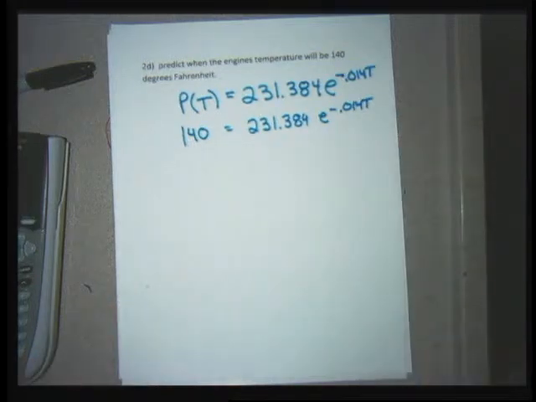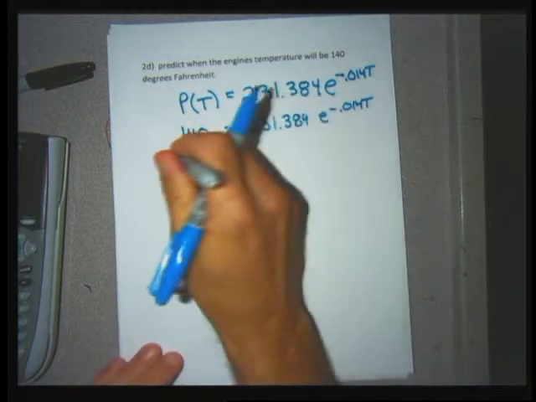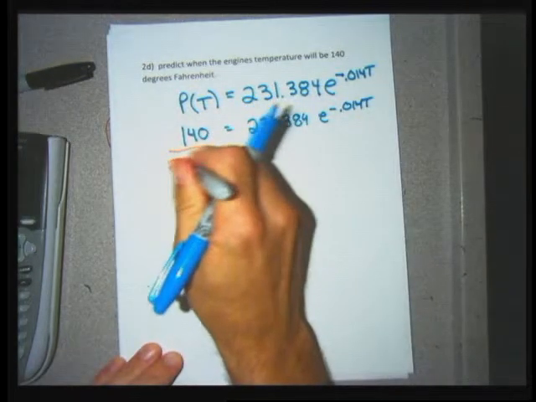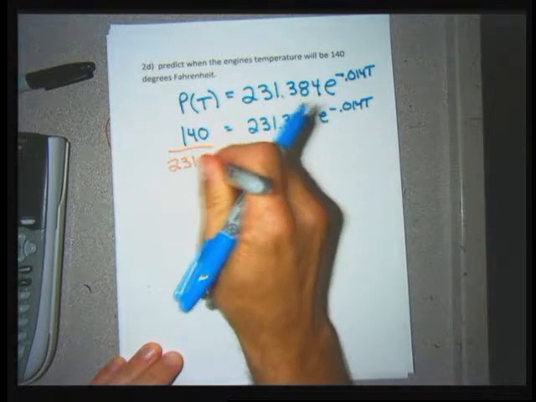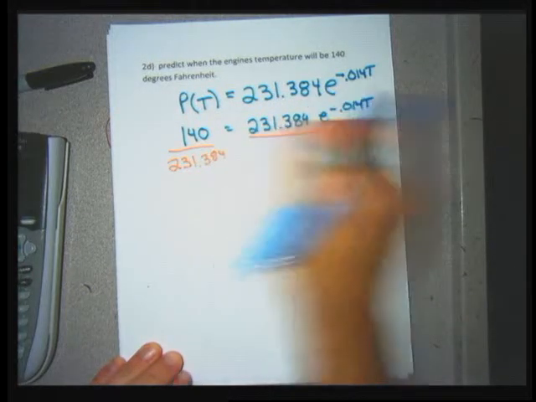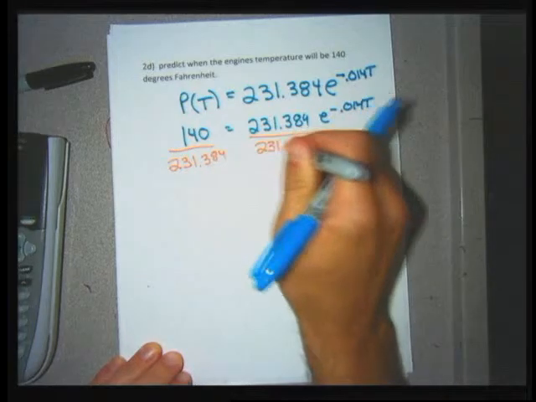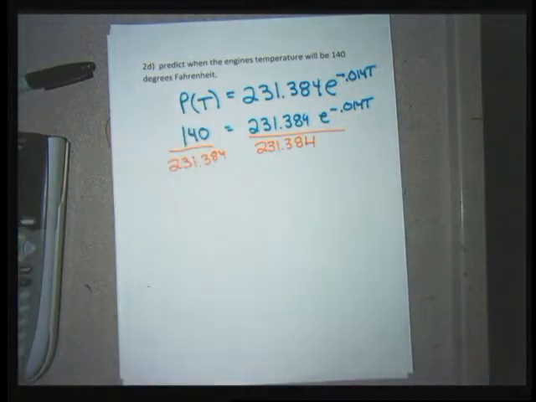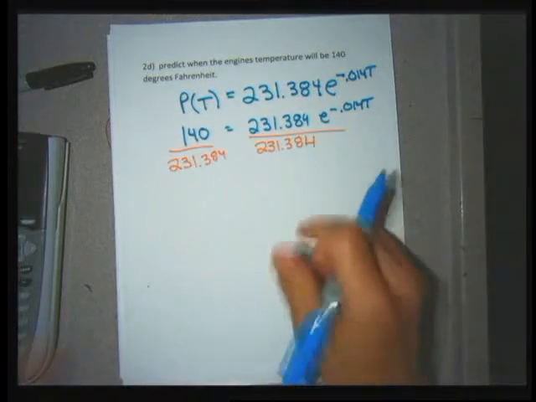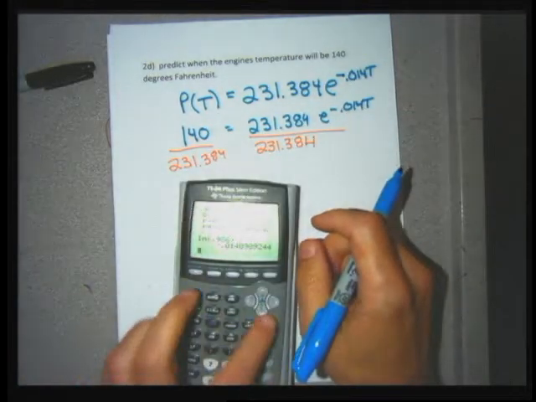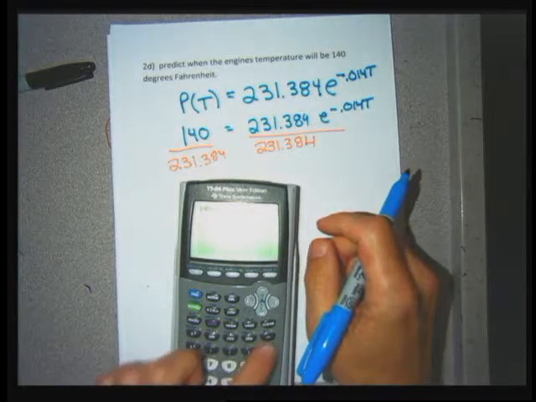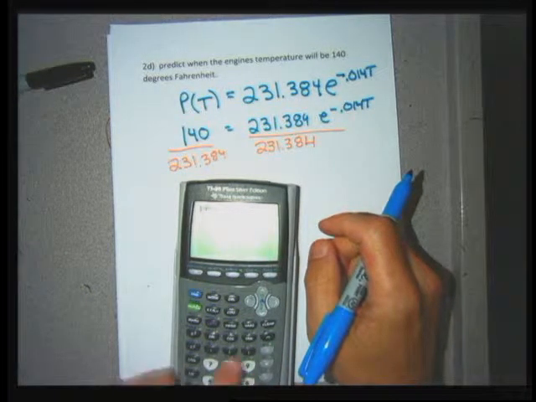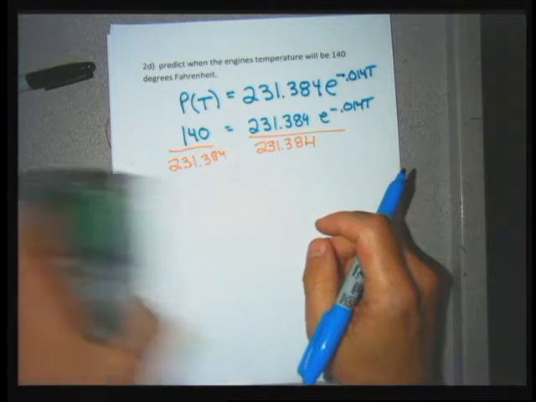To solve this, it's going to get a little bit messy. I'm going to start off by dividing both sides by 231.384, and the harsher I round the left side, the less accurate my answer is going to be. I'm just going to round the left side to 3 decimals. On the left side, I'm going to go 140 divided by 231.384, and I'm going to get 0.605.